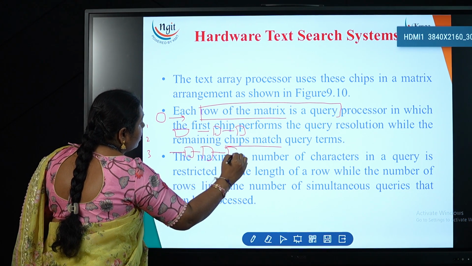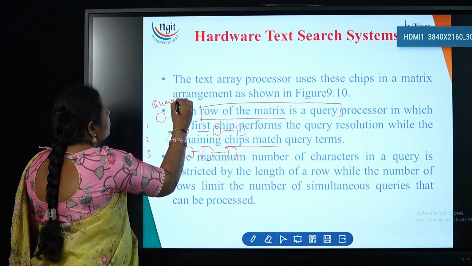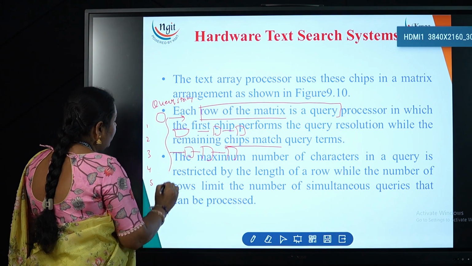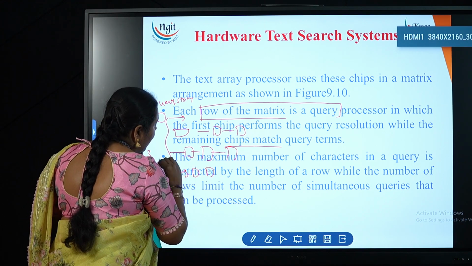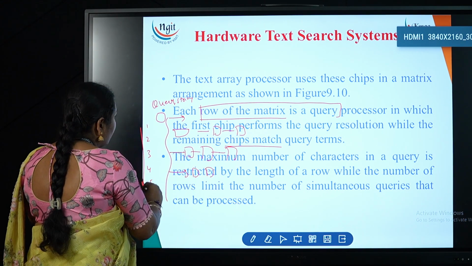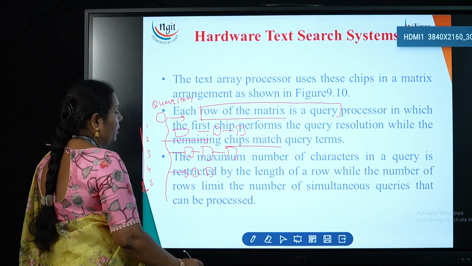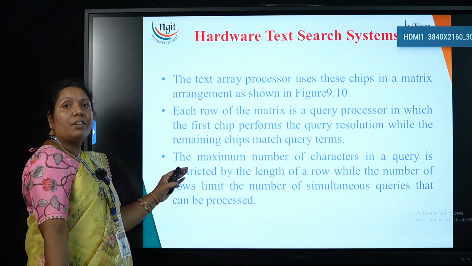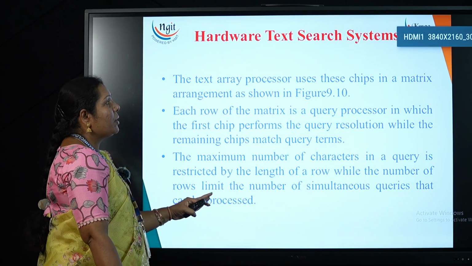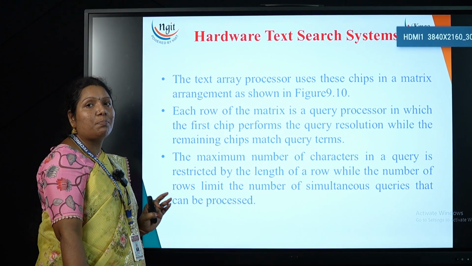Whenever there is a query string, it has to be sent to all processors 1 to 5 at a time, in parallel. This is a matrix representation of your query processor. Using this hardware support, we can easily optimize the size of the query string exactly, and you can also optimize the speed. Thank you.